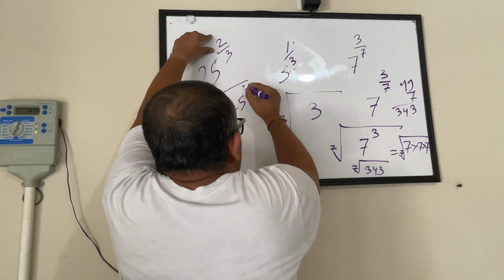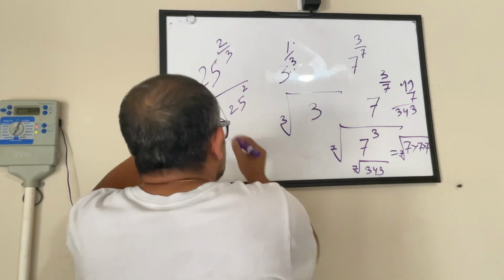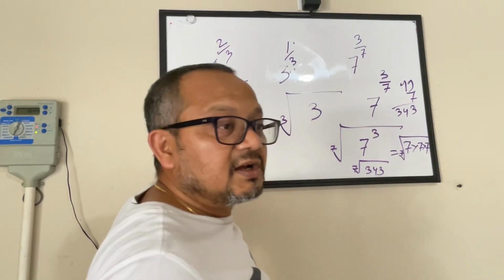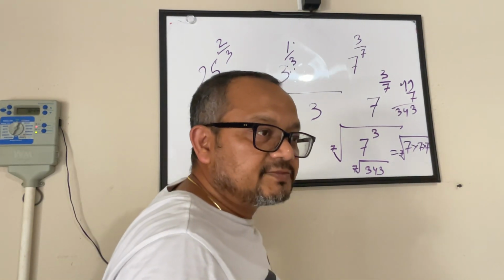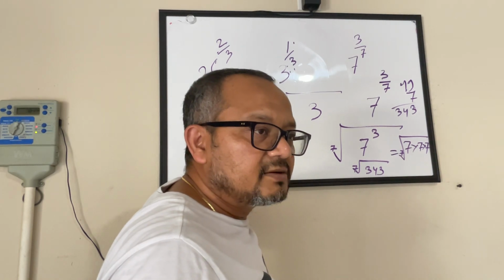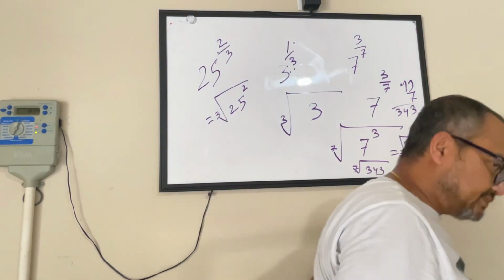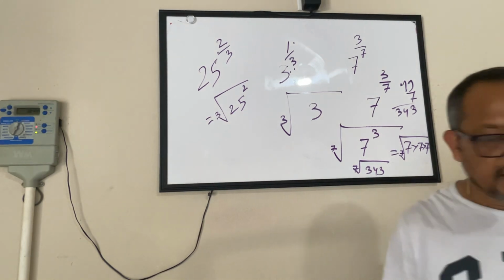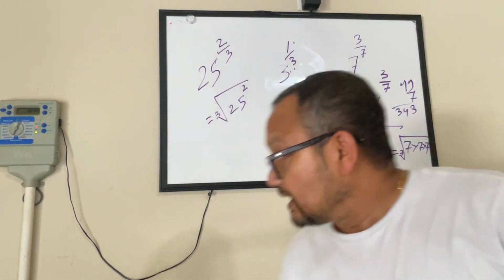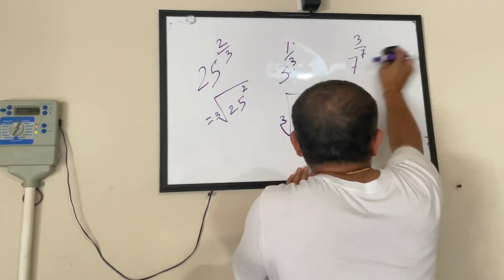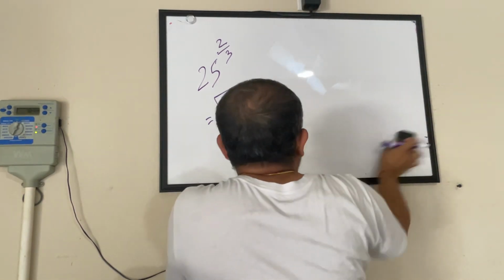Whatever is the numerator goes here, whatever is the denominator, that is the root number. Okay? Are you guys with me so far? Yeah. So now let's look at some basic quick operations, and then we'll go to the next topic.